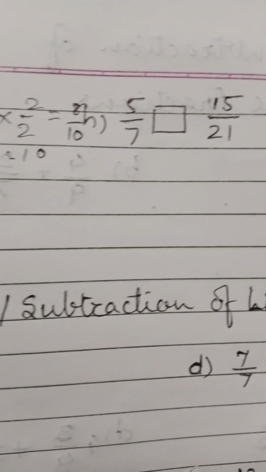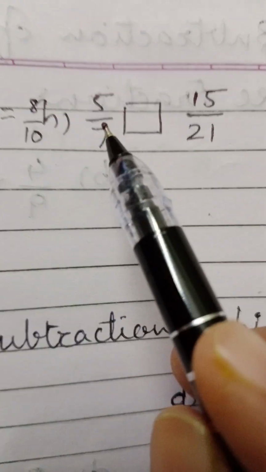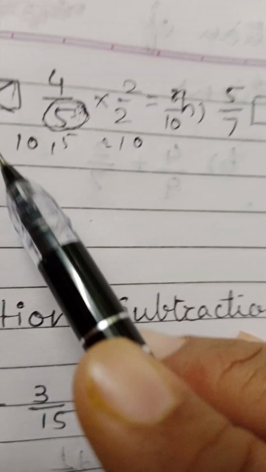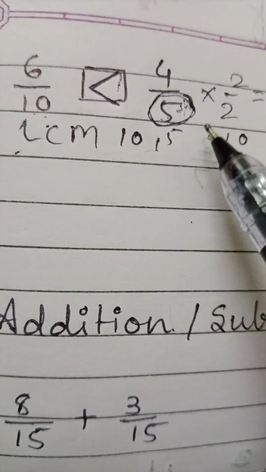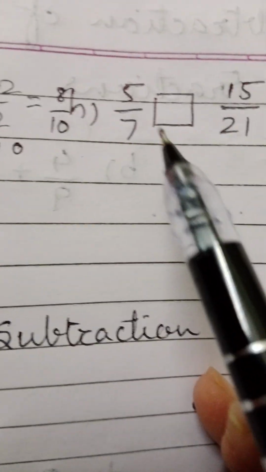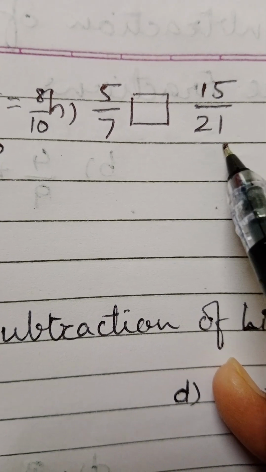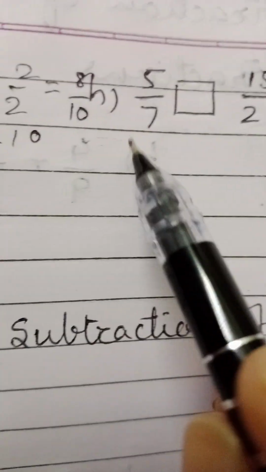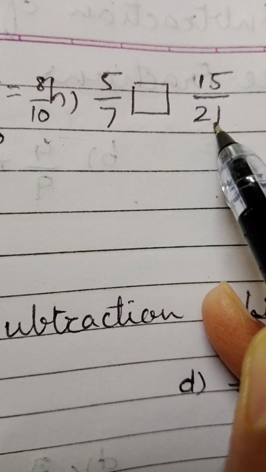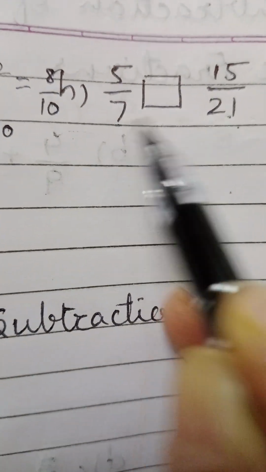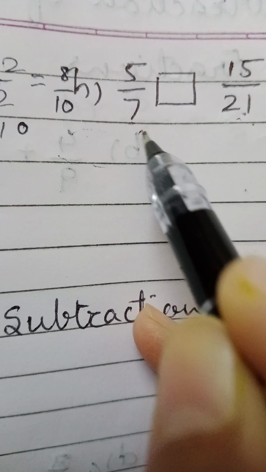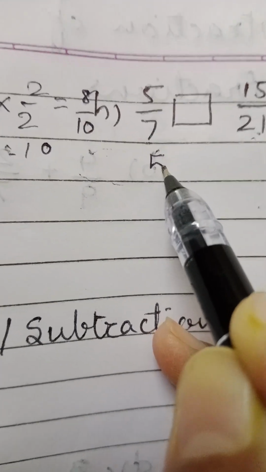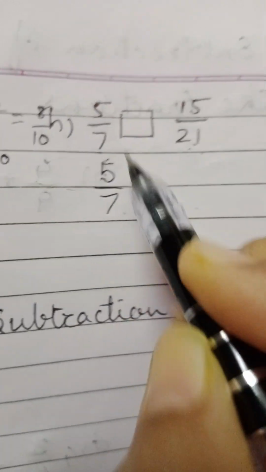The same way, we needed to check this out. So basically we are making the denominators equal here. This is 5 upon 7 and 15 upon 21. How will we check this? Here 21 is going to be the LCM because 7 comes in the table of 21 and 21 comes in the table of 7. So 5 upon 7.